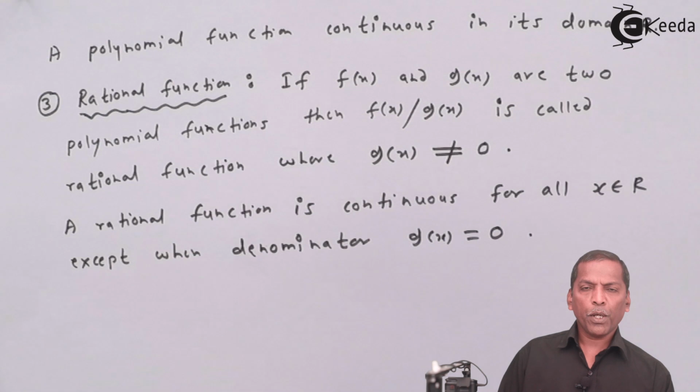When denominator is 0, then in that case rational function is not continuous.